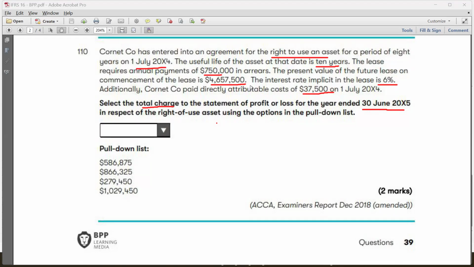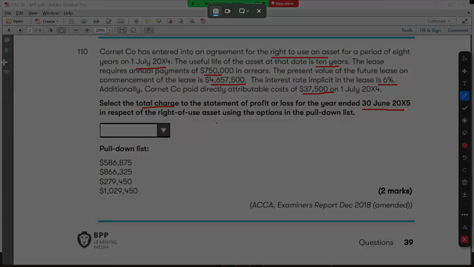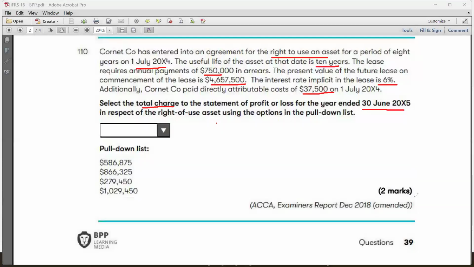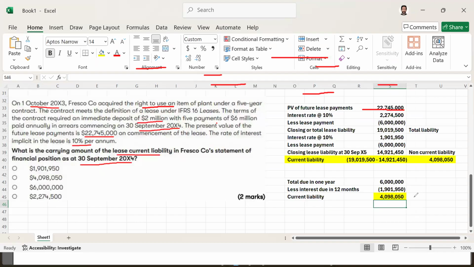So we add these two values and calculate the depreciation based on the useful life. And the interest is going to be based on the present value of the future lease payments. So this is just a small twist in this question. Otherwise, it's the same. This tests your ability to calculate the correct value of the right to use asset. So let's take this question to the Excel sheet and understand.